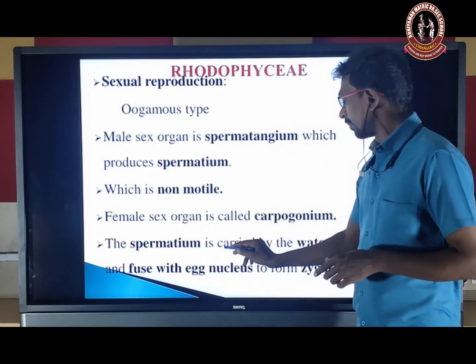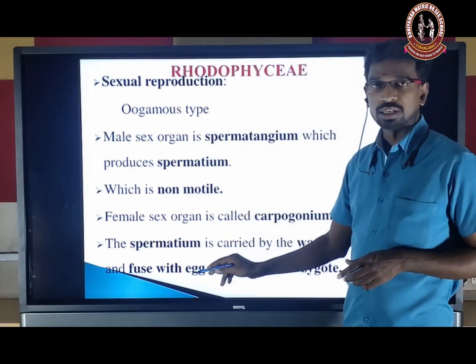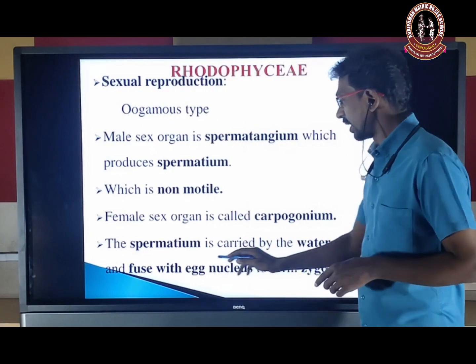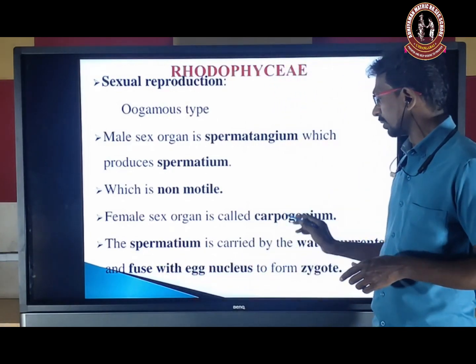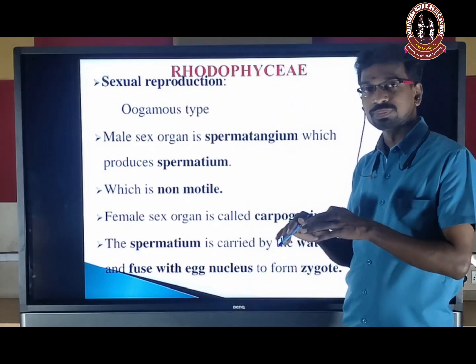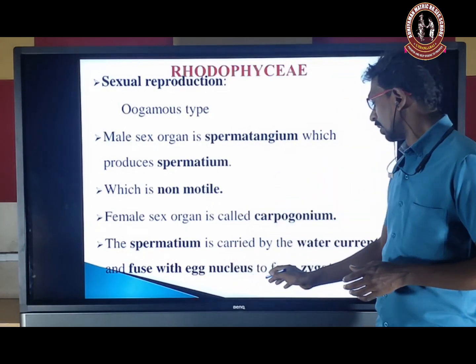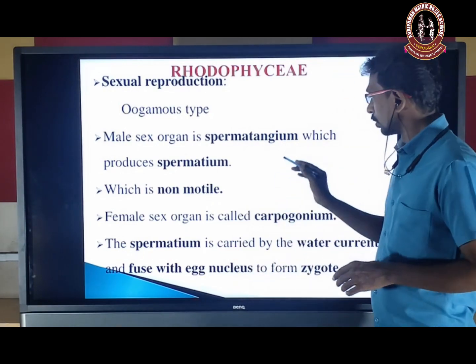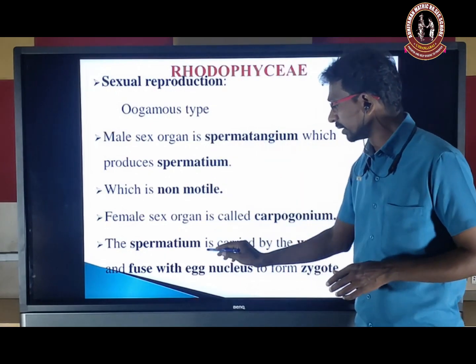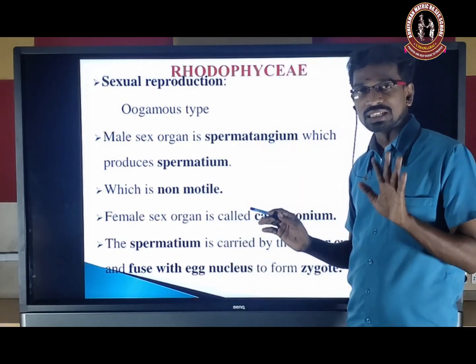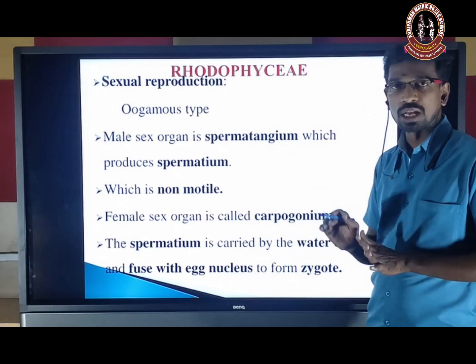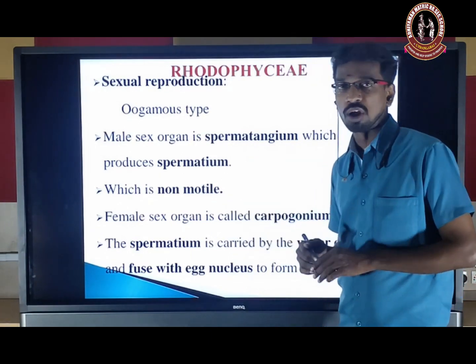The spermatium is carried by the water current and fuses with the egg nucleus; the carpogonium contains the egg, the female gamete. The spermatium is haploid and the egg is haploid, so haploid plus haploid gives a diploid zygote.